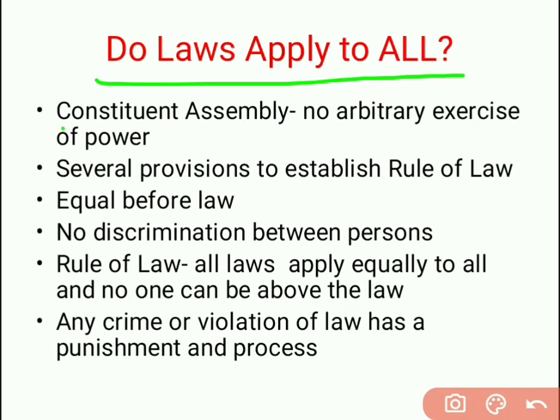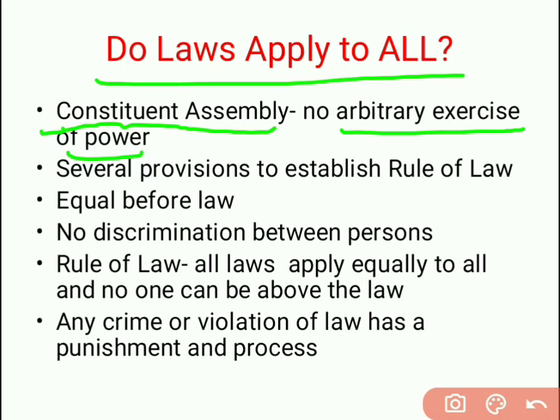After independence, we formed a Constituent Assembly to frame the constitution for the country, and in this Constituent Assembly, all the people agreed there should be no arbitrary exercise of power in independent India.